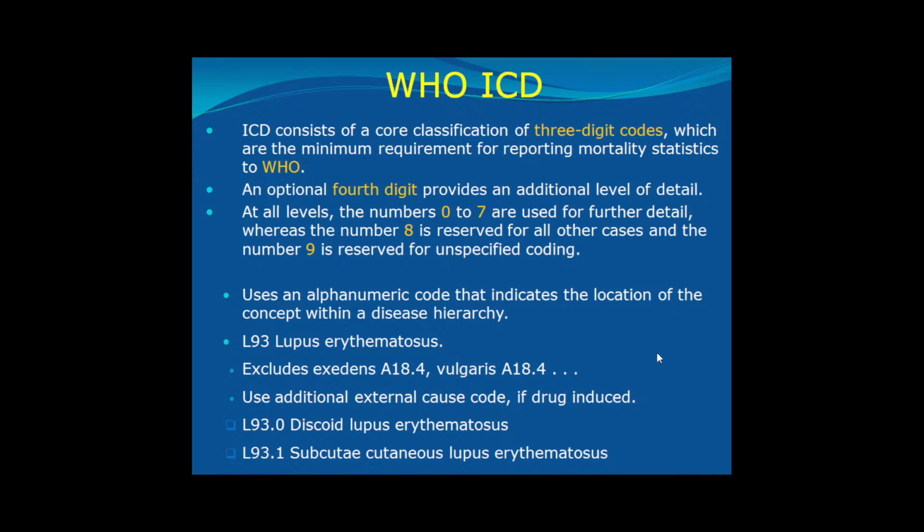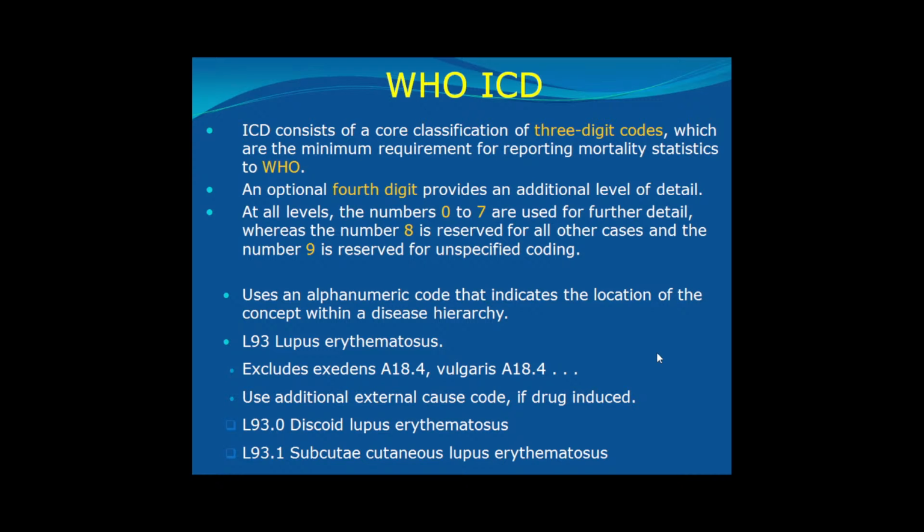An optional 4th digit provides an additional level of detail. At all levels, the numbers 0 to 7 are used to further detail, whereas the number 8 is reserved for all other cases and the number 9 is reserved for unspecified coding. It uses an alphanumeric code that indicates the location of the concept within a disease hierarchy.